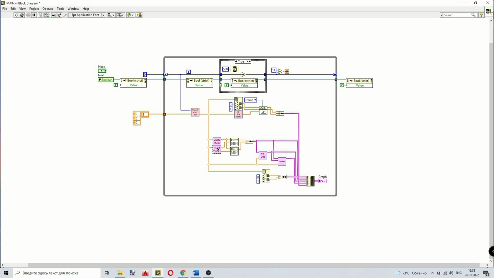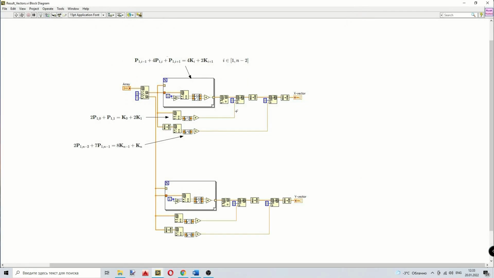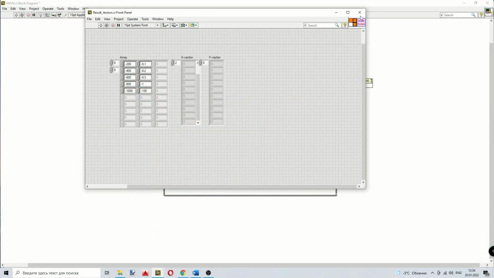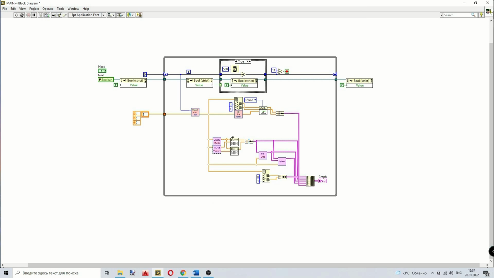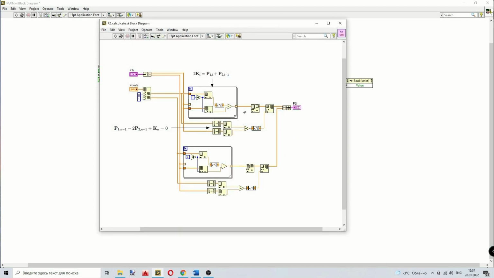In this one, I calculate the x and y vectors for P1, specifically the right parts of the equations. Then the matrices are solved, and we get a set of points P1. Points P2 are easily calculated from points P1 by these equations.